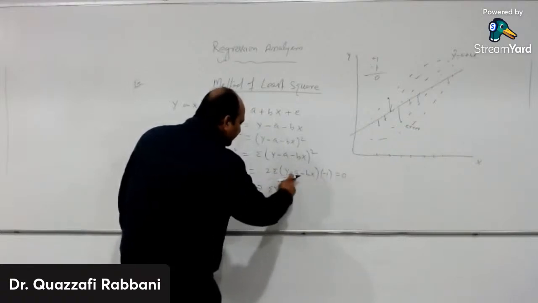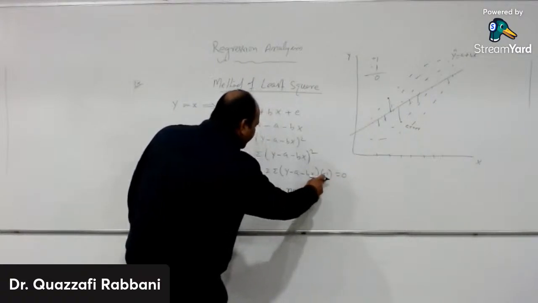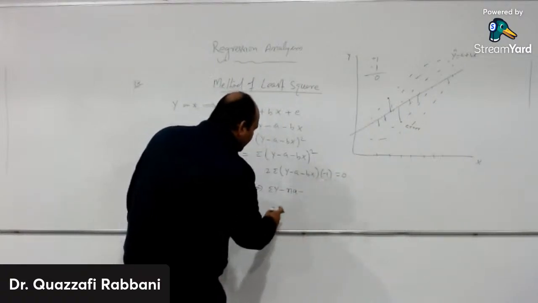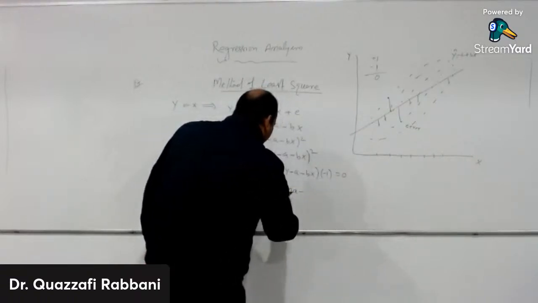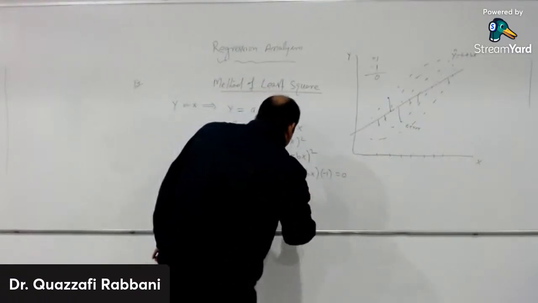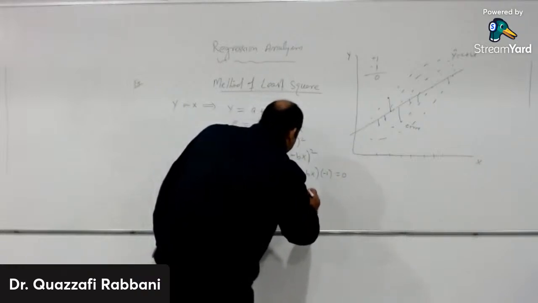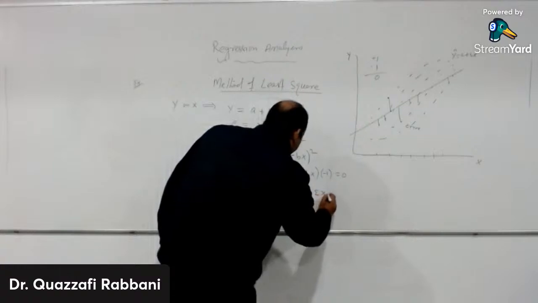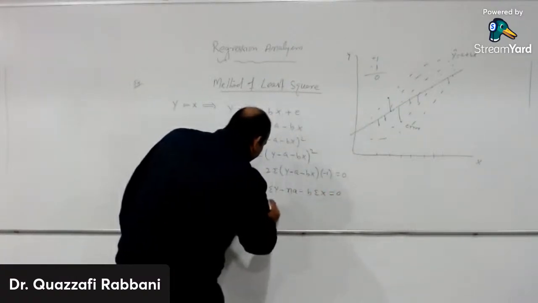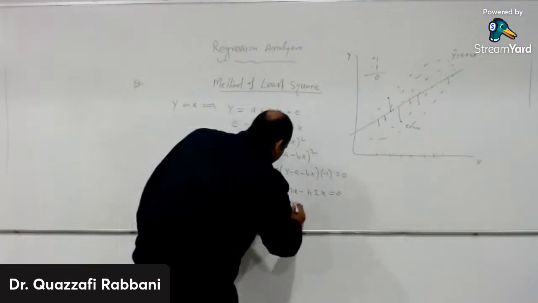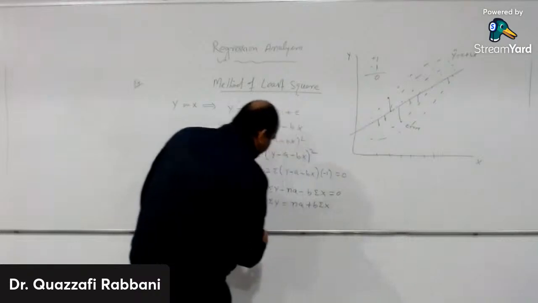Sum of a, this is constant, so na, and with the minus sign, minus b summation x, and this is equal to 0. You can write this as summation y is equal to na plus b summation x.